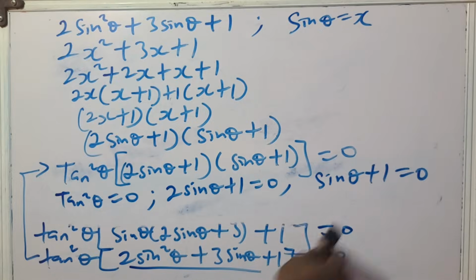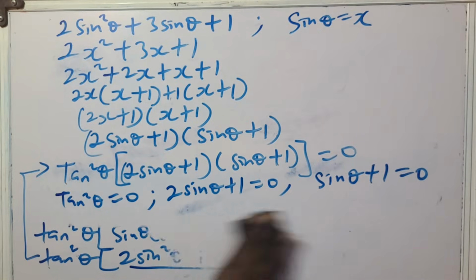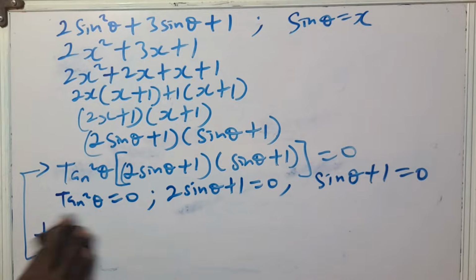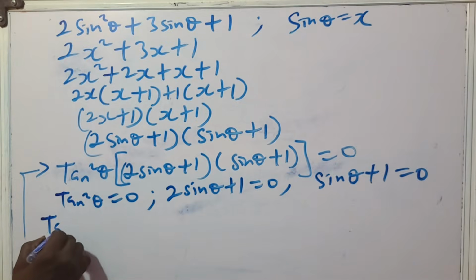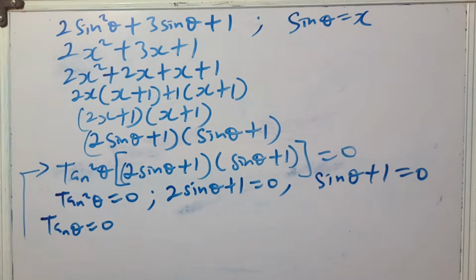So now let's start from the first aspect, which is tan square theta being equal to 0. So tan square theta equals 0, right? From what we have there, that means tan theta equals 0. Now, I believe we have talked a bit on angle of any magnitude.